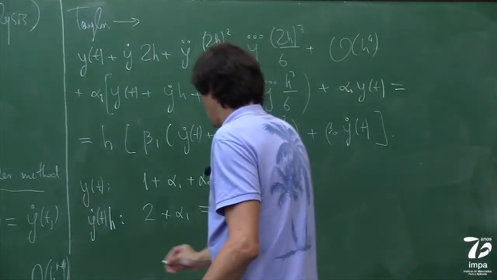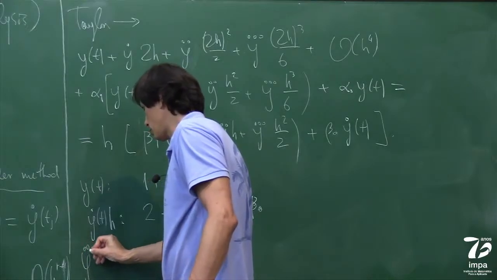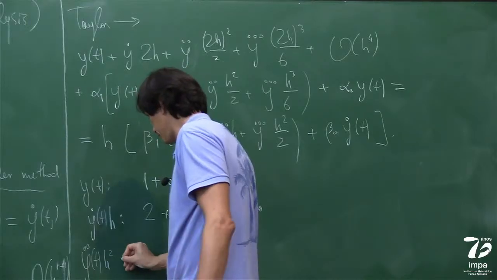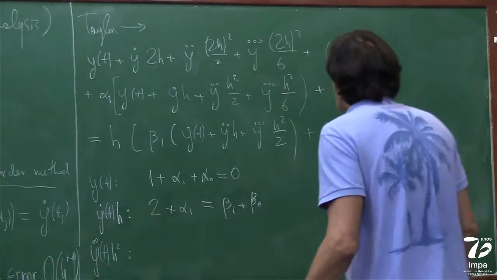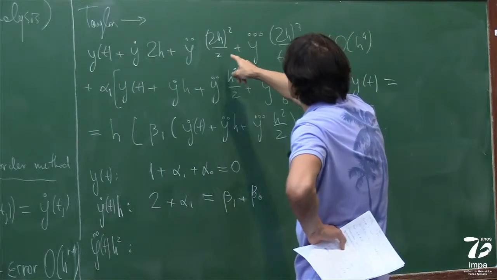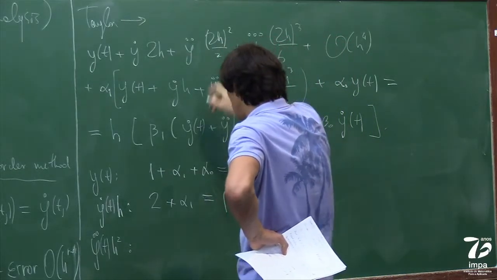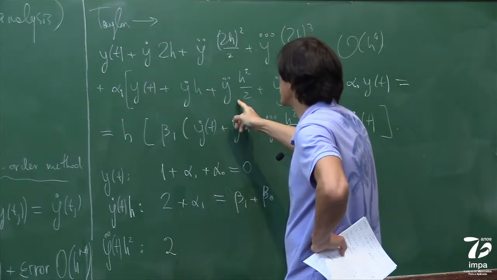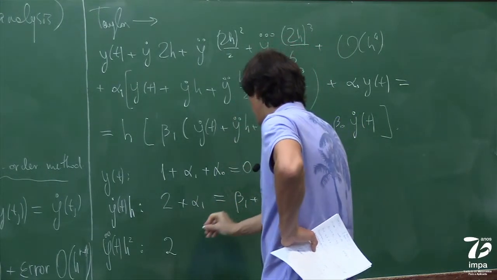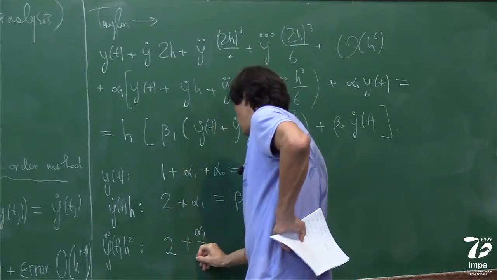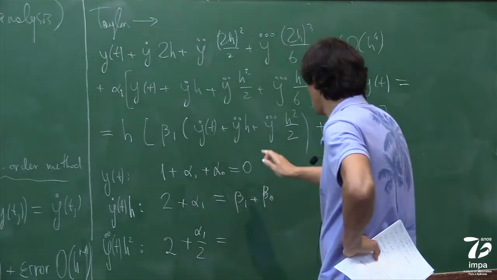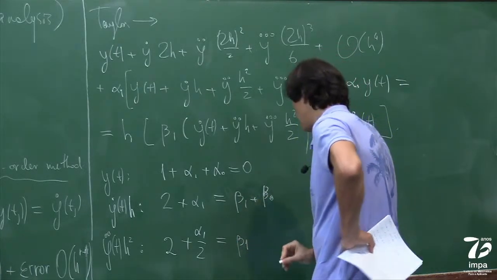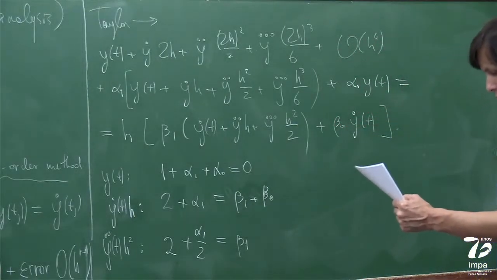And then the next term will be y double dot at t, times h squared. First is here, it's 4h squared over 2, so it's still 2. Here it's alpha 1 over 2. This is beta 1. There is nothing else. Correct.